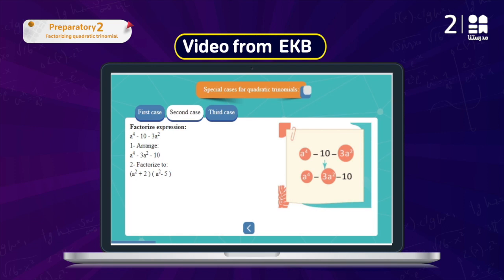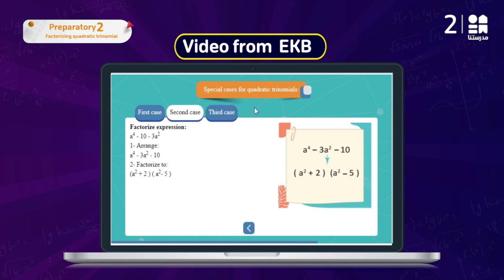So the expression will be a to the power 4 minus 3a to the power 2 minus 10. After arranging, let's factorize the expression. Open parentheses. We will write in the first parenthesis a to the power 2 plus 2 on the second parenthesis, and we will write a to the power 2 minus 5.